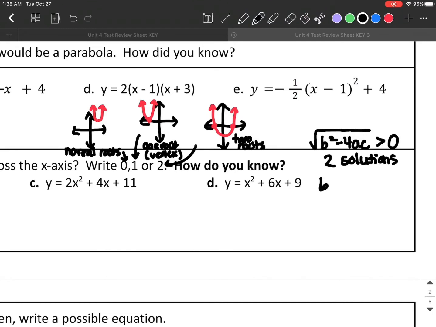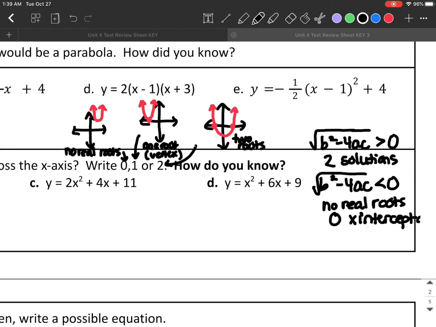If b squared minus 4ac is less than 0, that means I have no real roots. Or 0 x-intercepts. I should have been talking about this as x-intercepts. So let me erase this, two x-intercepts.